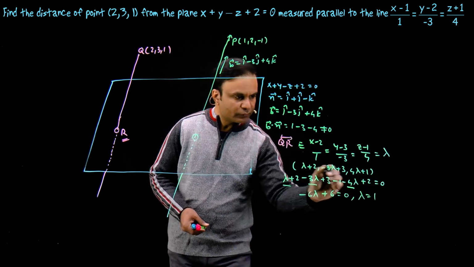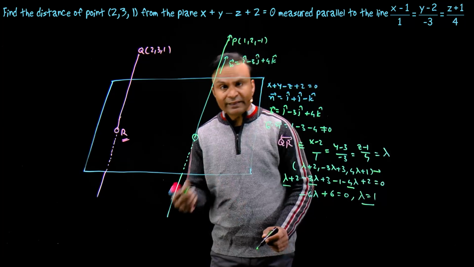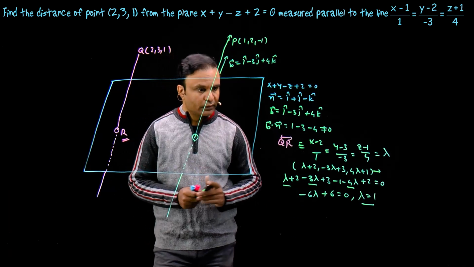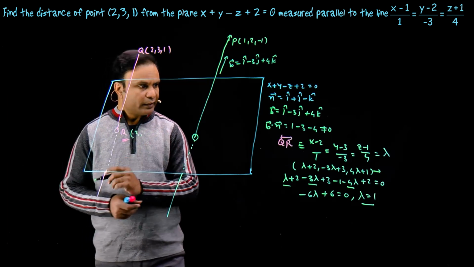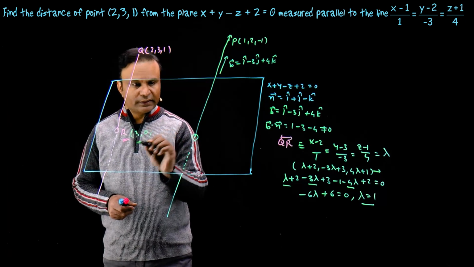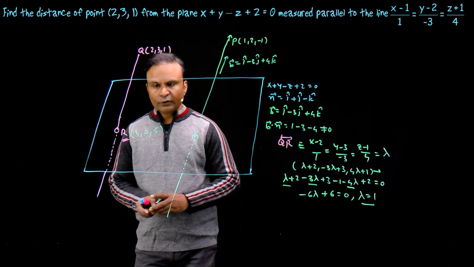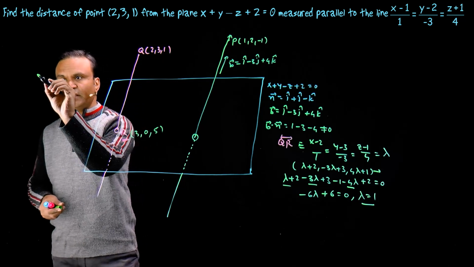So if I put lambda is equal to 1 in this, I will get point R, because this value of lambda is corresponding to point R, which is lying on the plane. So putting lambda is equal to 1, I get point R as 3, 0, 5. Okay, now we can find distance QR using distance formula.